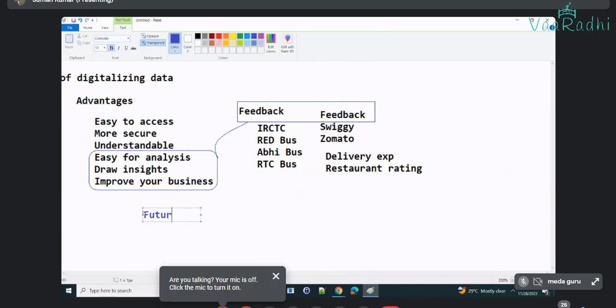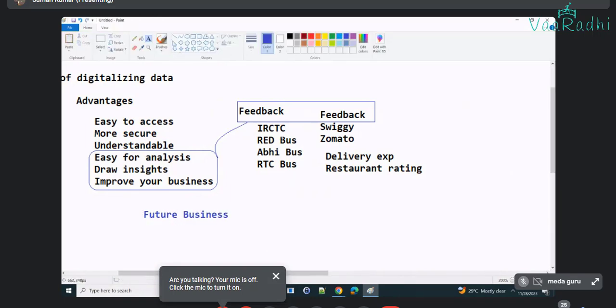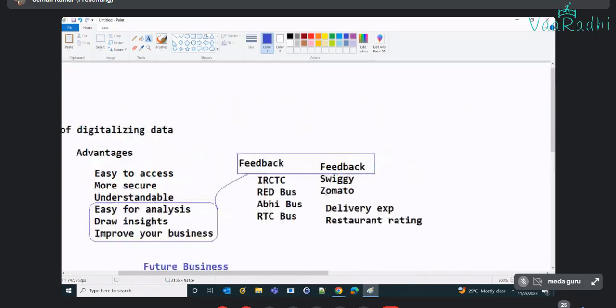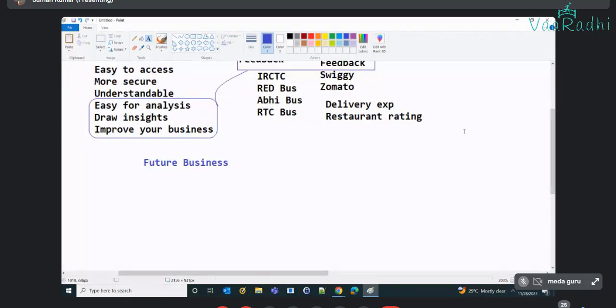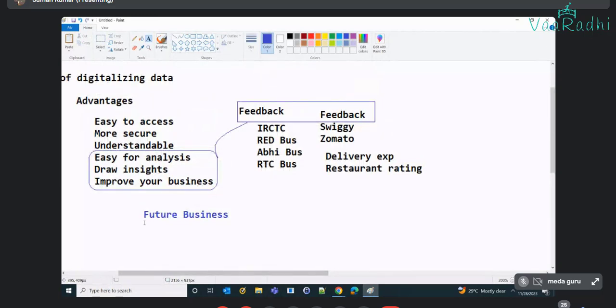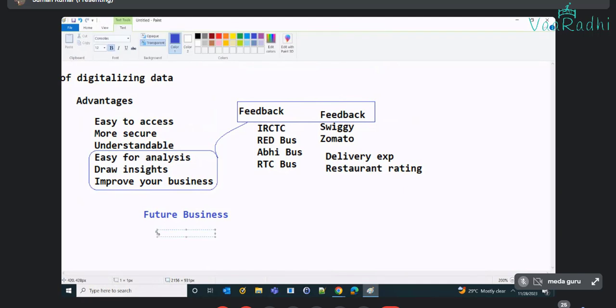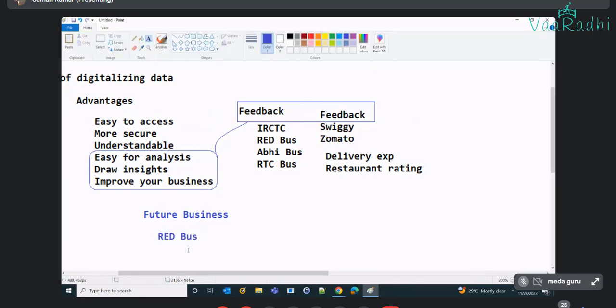I'll say what future business is, guys. These travel platforms will be operating their travels only, and food ordering platforms will be taking orders and delivering them. But where it matters, by collecting feedback, analyzing, drawing insights and improving business, is whenever the future customer comes to your platform. Let's suppose I'm a new app user on Redbus.